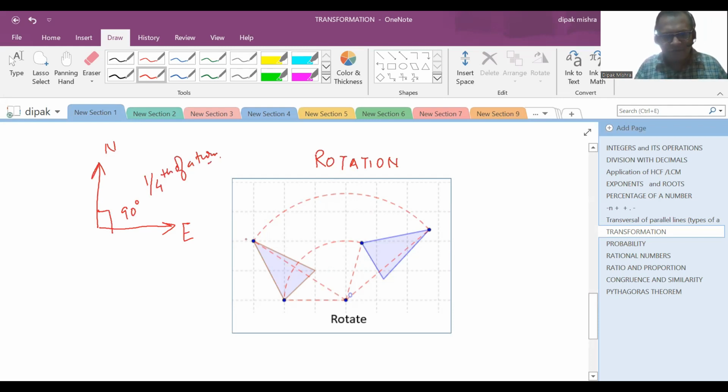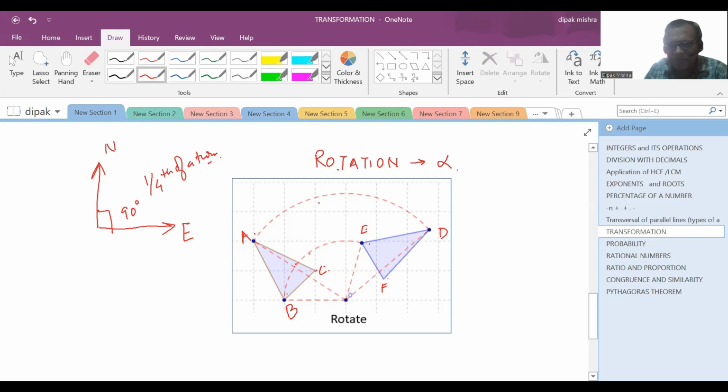Every part of this ABC figure turns through a certain angle. So when I talk of rotation, the concept is angle. It turns through a certain angle, say alpha. This is what is meant by rotation, which means A turns to D, B turns to E, and C turns to F by the same angle alpha.